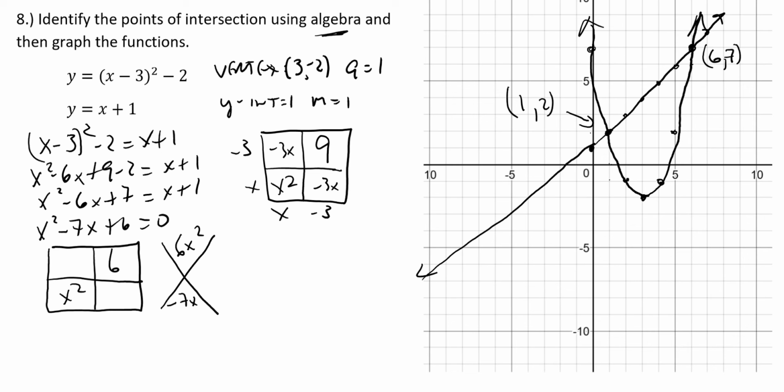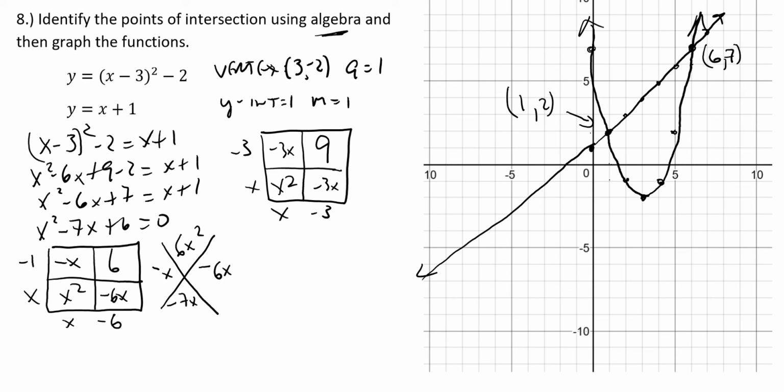So since this is 6, they have to both be negative, so that's going to be x and 6x. So then negative x, negative 6x, x squared and negative 6x have x in common. X times x gives me x squared. X times what gives me negative x is negative 1. Negative 1 times what gives me 6 is negative 6, right?